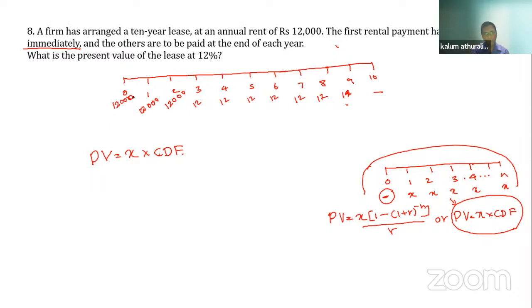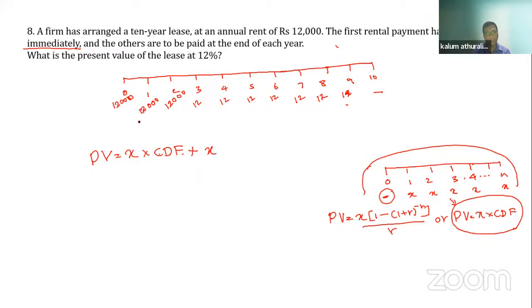But now here there is a value. The first payment is made immediately, and 0 also has a value. Then what will we do? Then you can change the formula. It's very simple. You can add x to this formula.